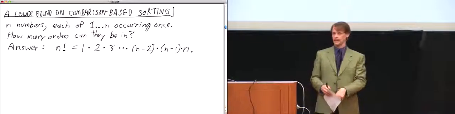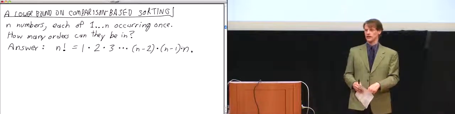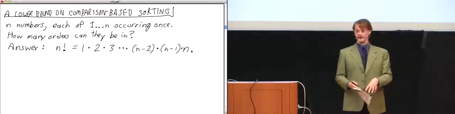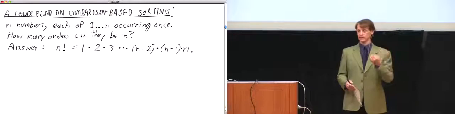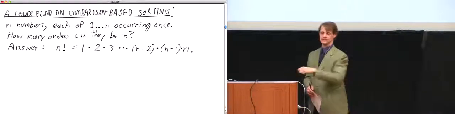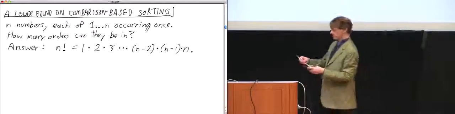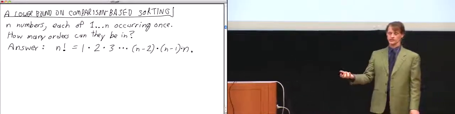Then I reach into my hat again, and now I pull out the second number in the sequence. There are n minus 1 numbers left in the hat. I pull out one of them. It could be any one of those n minus 1 numbers with equal likelihood, and I put that in the second position. So there are n possibilities for the first number in the sequence.